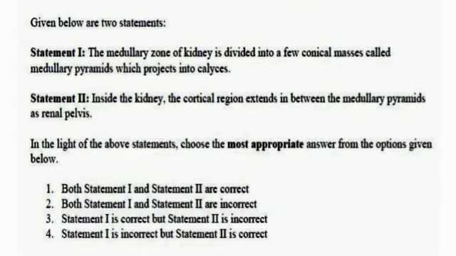The next is, given below are two statements. Statement 1, medullary zone of kidney is divided into a few conical masses called the medullary pyramids which project into the calyces. And statement 2, inside the kidney the cortical region extends in between the medullary pyramids as a renal pelvis. So in light of the above statements, choose the most appropriate answer.